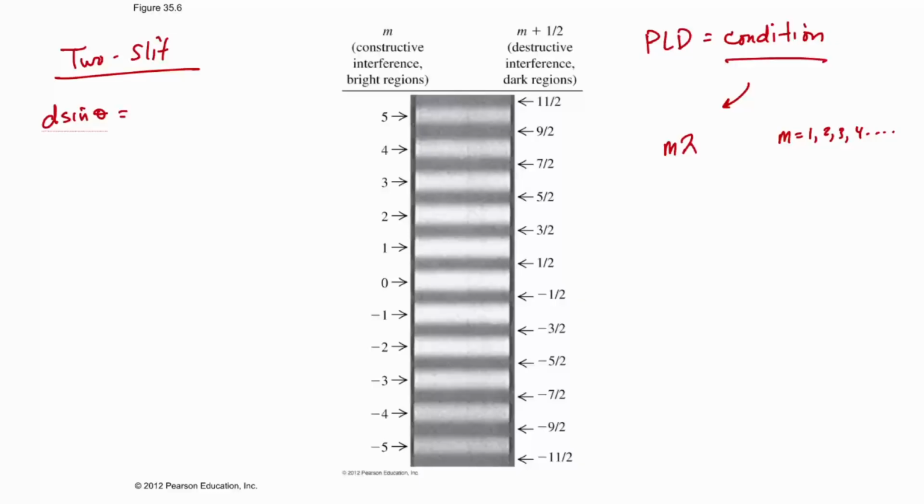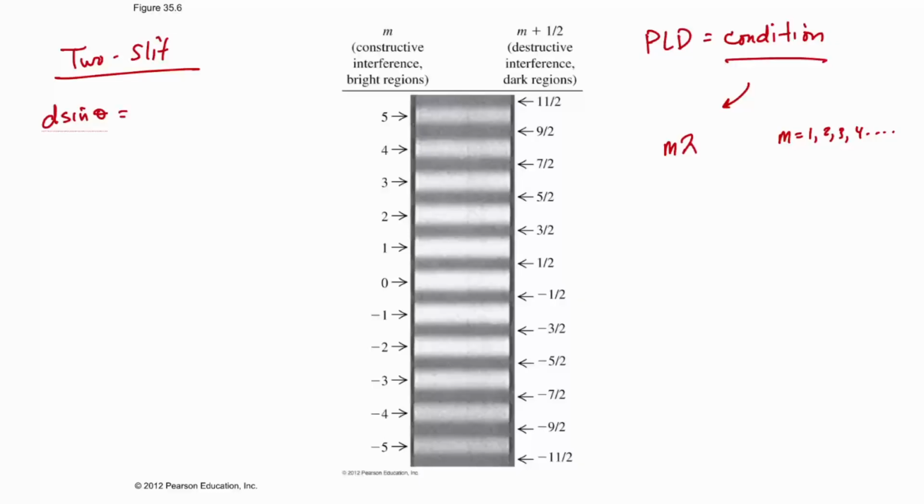So if I shift it over like this, that's a half wavelength shift. It doesn't matter which way you go, forward or backwards. A half wavelength shift ends up causing what kind of interference? That's destructive, isn't it?